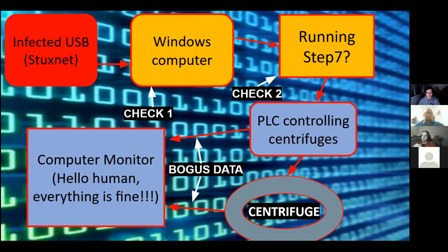It looked for computers using Microsoft Windows and Siemens Step 7 software. If both were found, Stuxnet introduced the rootkit onto the PLC and Step 7. The rootkit then modified the code and gave commands to speed up the centrifuges, which damaged them, all the while telling human users that everything was operating normally.